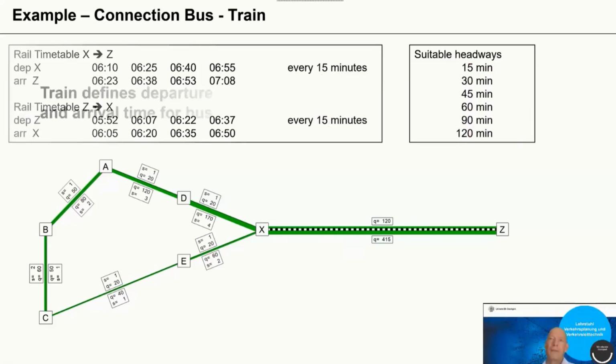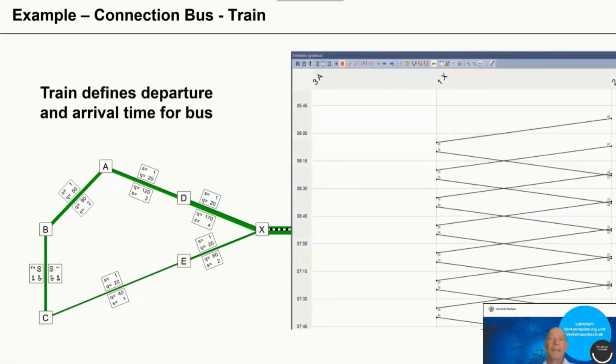So next step, I now look at this station, and the train system, the S-Bahn system, is the system which defines arrivals and departures. So here you have this, traveling towards station X. They arrive at minute 5 and minute 10, and then they travel back.